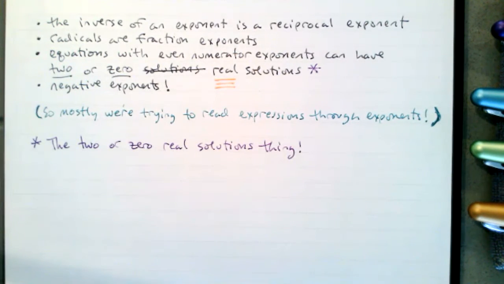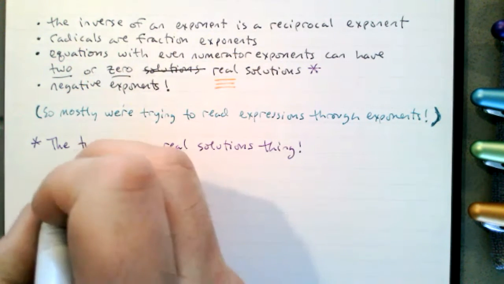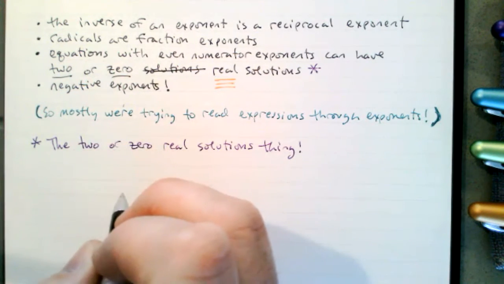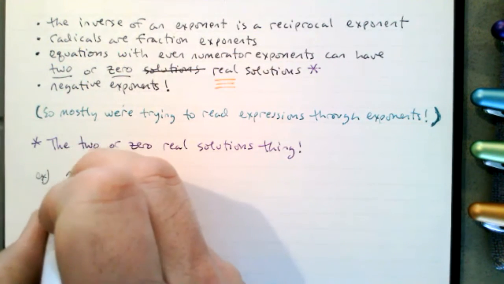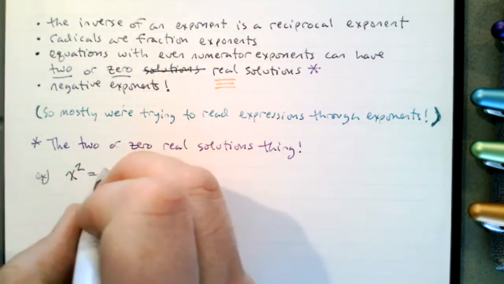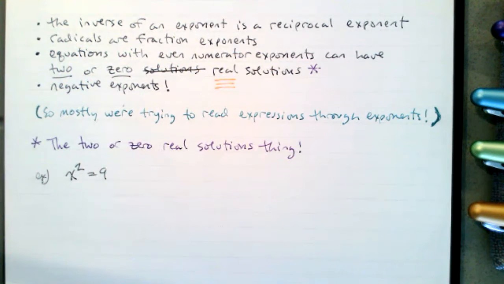So what we want to focus on is an equation where the exponent has an even numerator. So it really comes down to 2 equations. X squared equals 9. We know that there are going to be 2 solutions. We can get at them by raising the 9 to the 1/2 power.